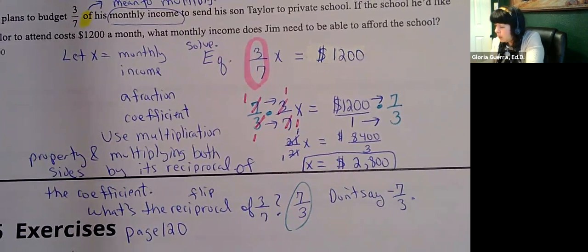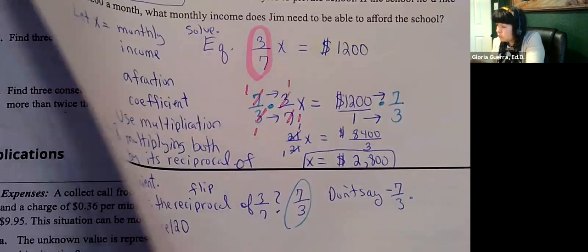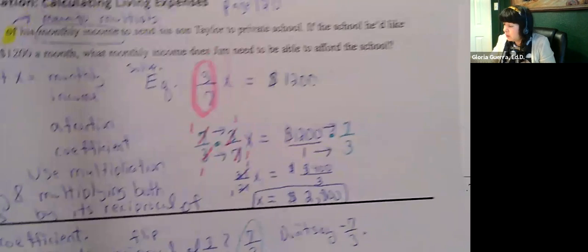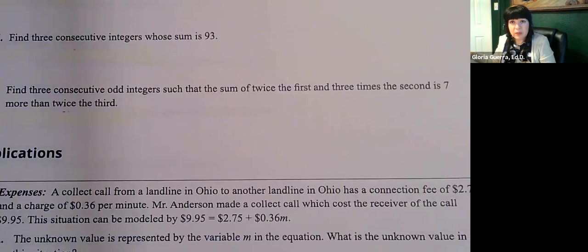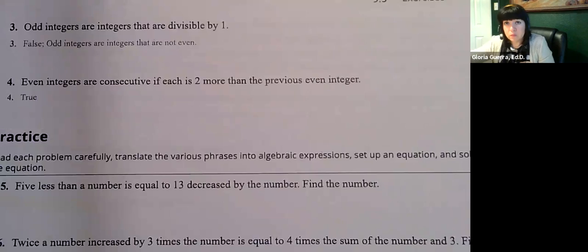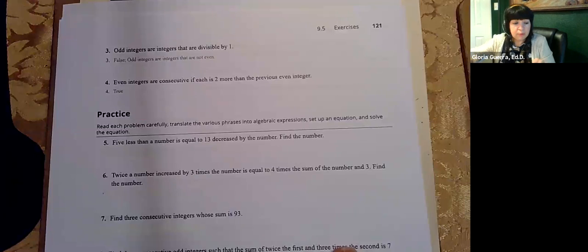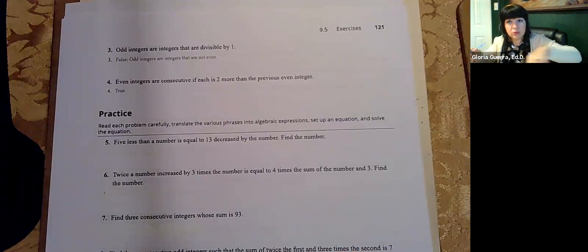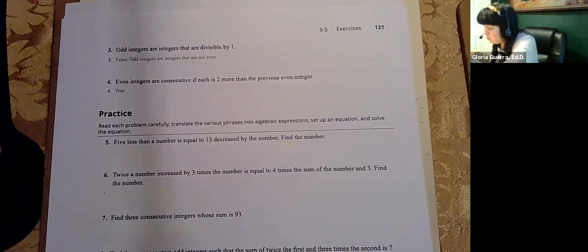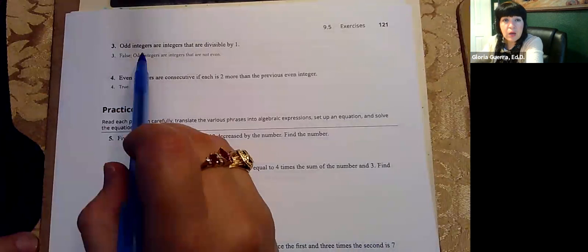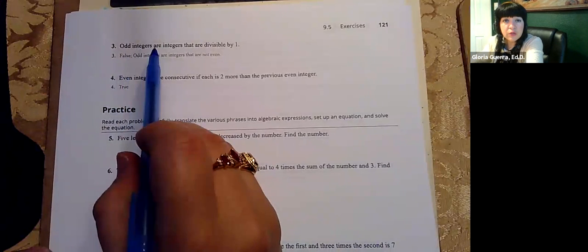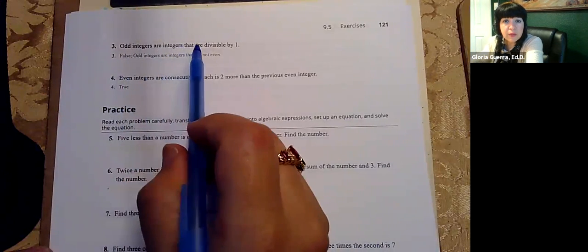Okay. And I am going to look at the top of page 121, because there is some vocabulary up there too that I'm interested in looking at on this recording. So it says here that odd integers are integers that are divisible by 1.